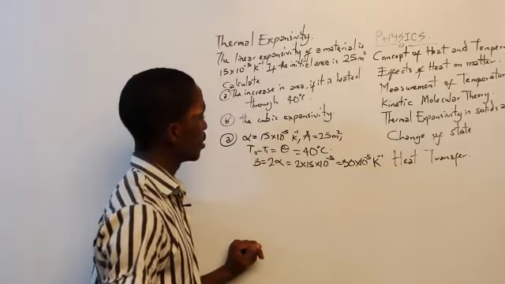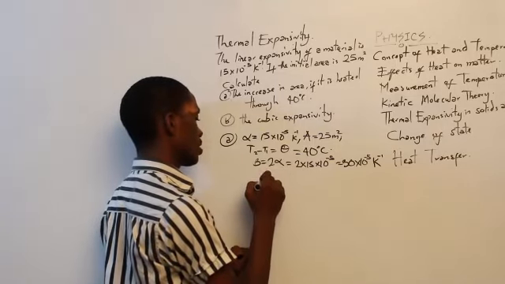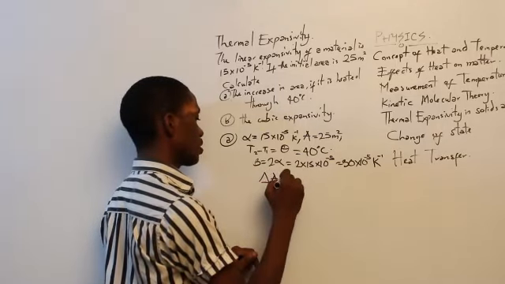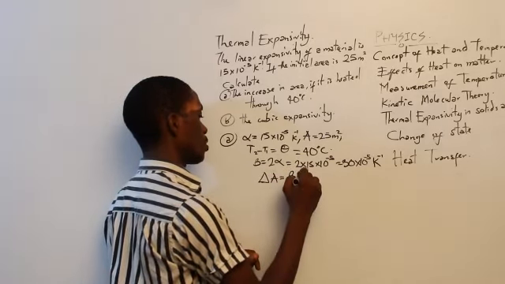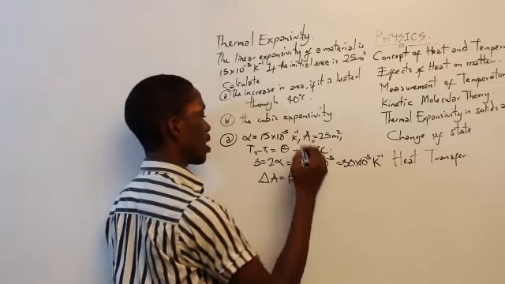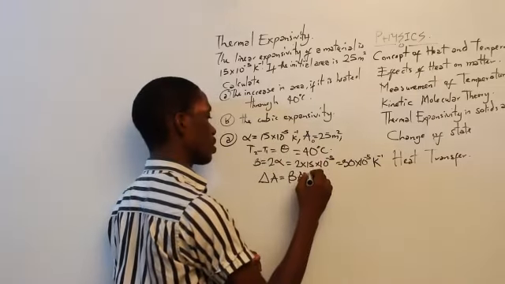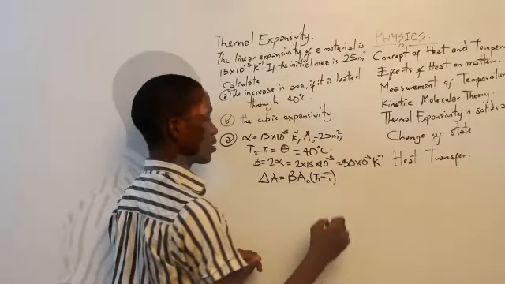Okay, so now we can introduce our formula. Our formula says change in A equals beta multiplied by original A, which is what we have up there, multiplied by T2 minus T1.